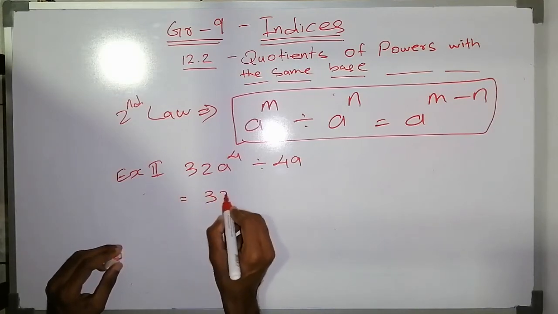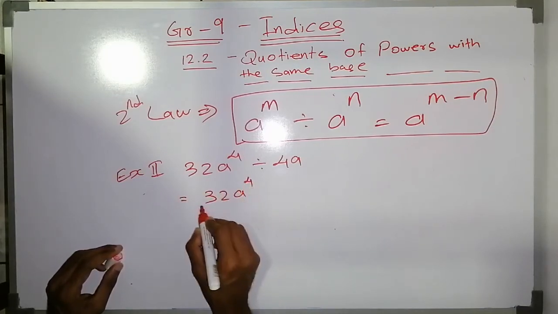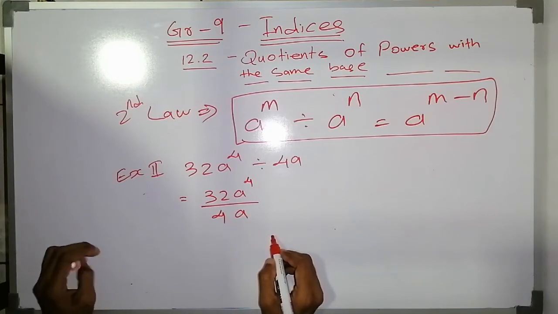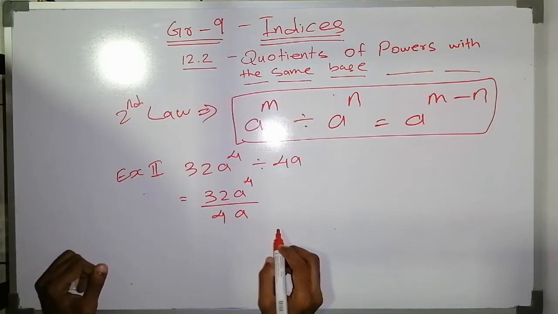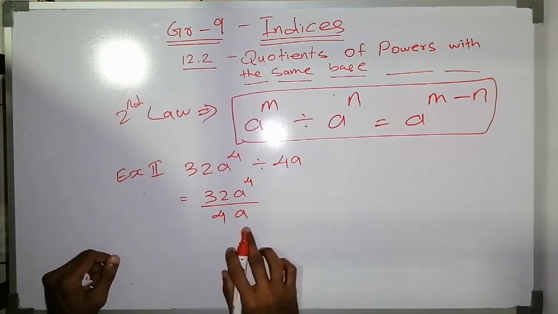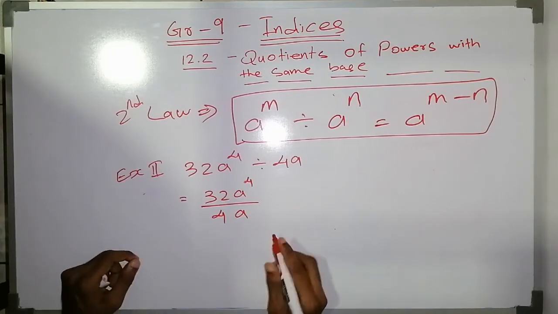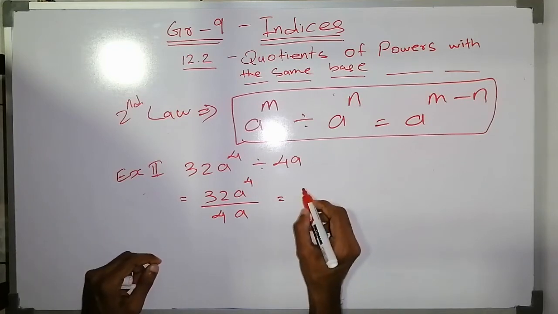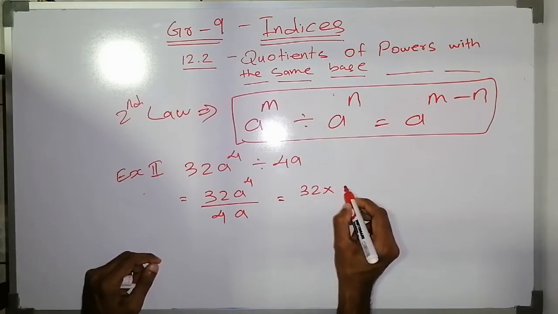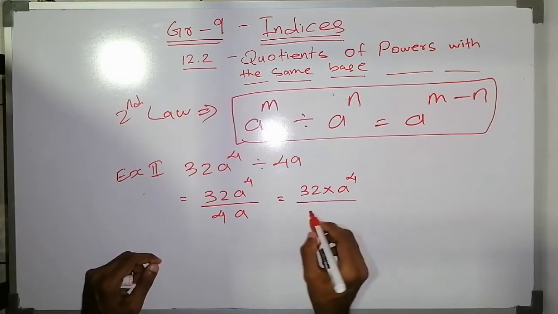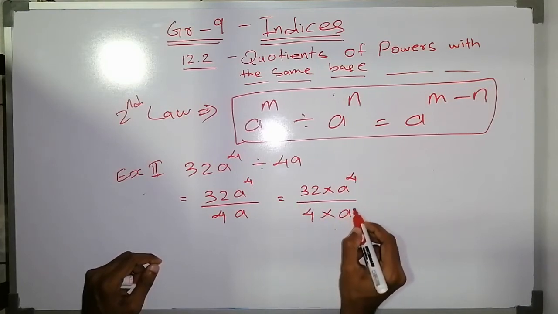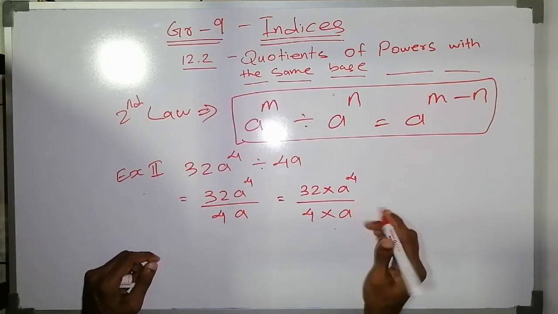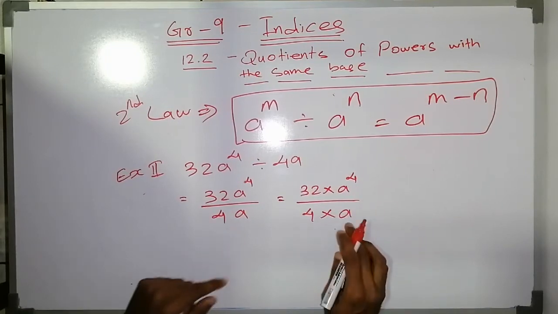As we discussed in the earlier section on multiplication, the numbers and the algebraic terms are multiplied with each other. So we have to write it separately as a multiplication: 32 times a to the power 4 over 4 times a. So a means a to the power 1.